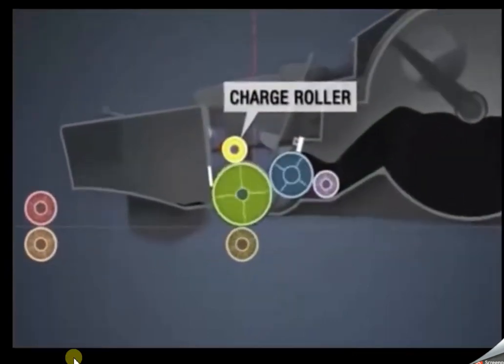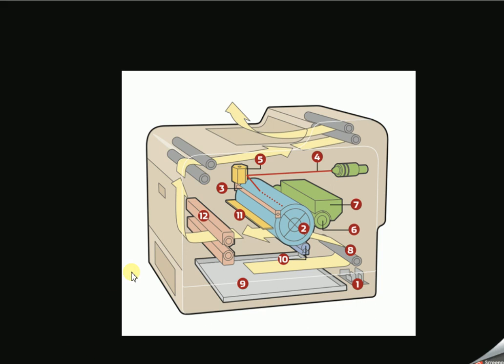What happens is the laser flashes onto the drum a reverse charge. Remember, this drum is being charged by this wire. The laser will reverse that charge for areas which are going to be printed black. So it'll put on tiny dots for areas which are going to be printed black.